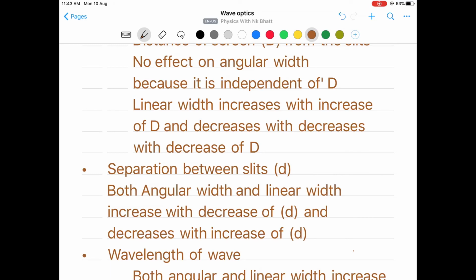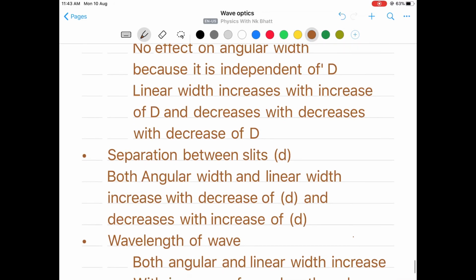It means if small d is increased, then the angular and linear width will decrease. If small d is decreased, then the angular and linear width would be increasing. So these are the two factors.